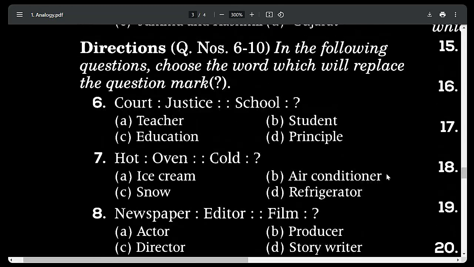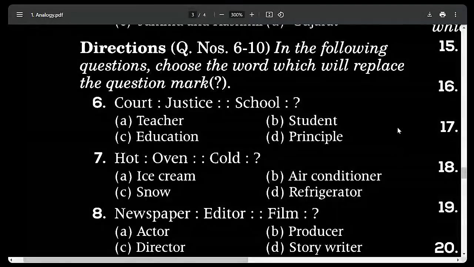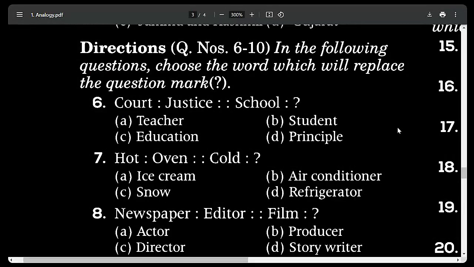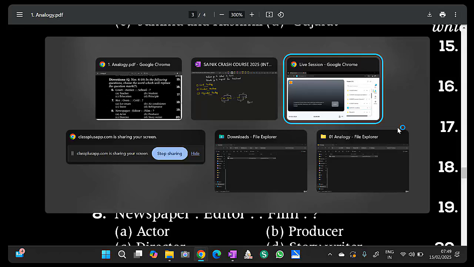Next question. Newspaper is to editor as film is to dash. Let us see who is trying to give the answer. Newspaper, editor, film, dash. Who is giving the answer?